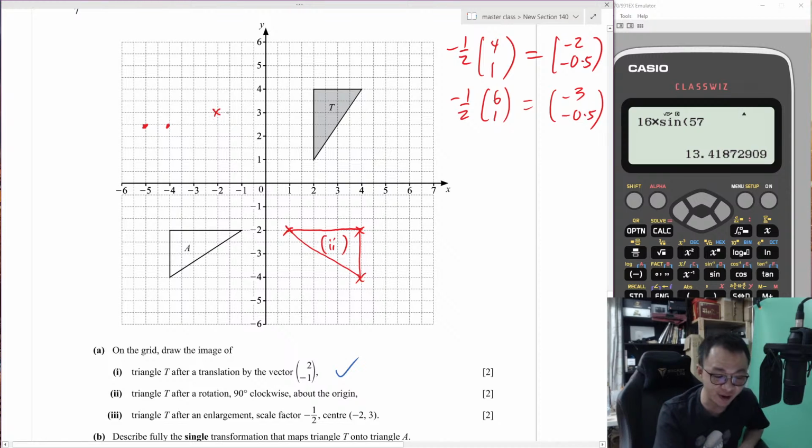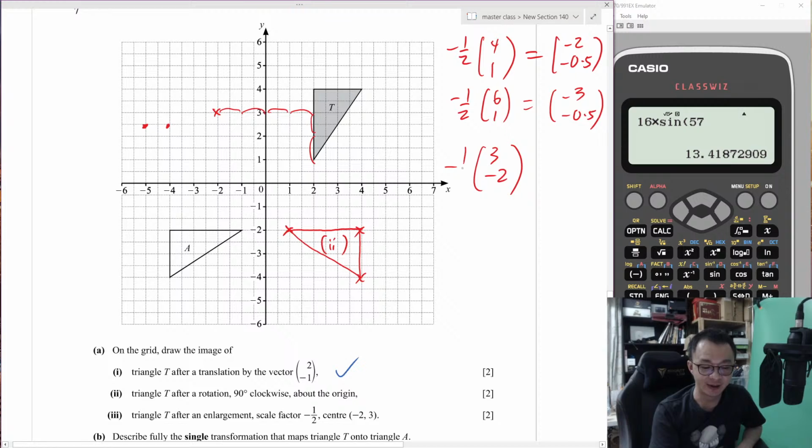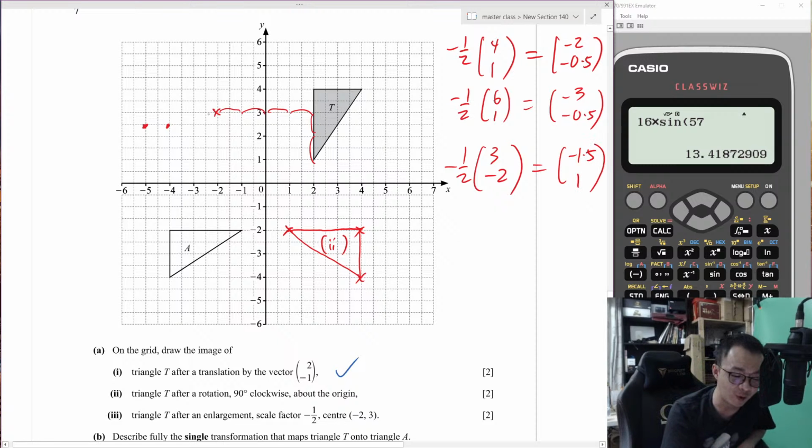Then the last point is 1, 2, 3, 4, going down 1, 2, 3, so (4, -3)? I multiply -half. So I get -1.5 and +1. Okay, -1.5, and then going up 1 unit is here.